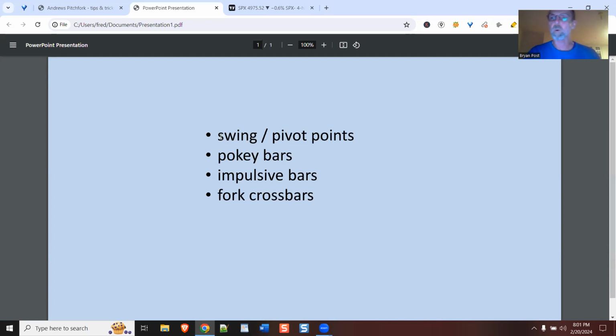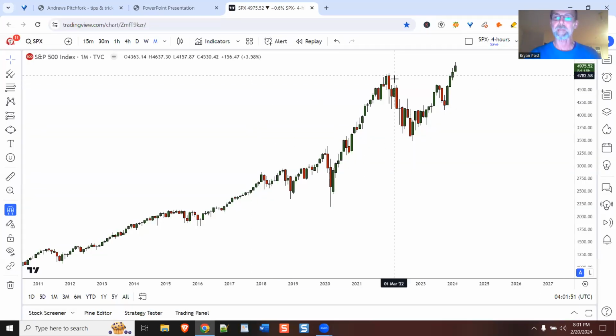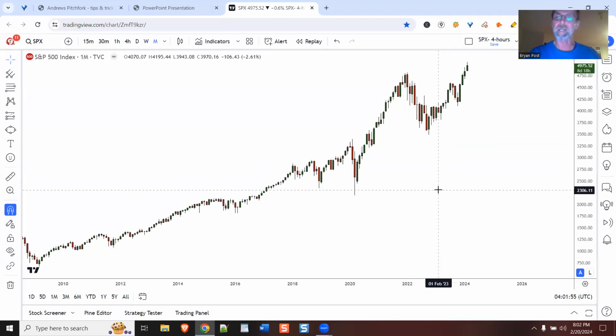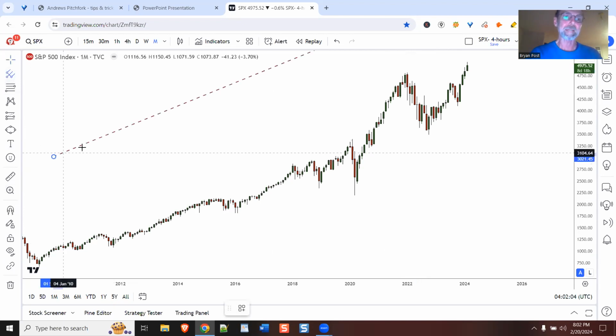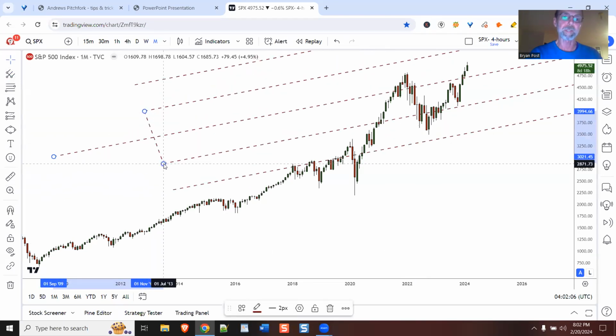And then the fork cross bars, which I'll have to figure out a better way to refer to. Basically we're looking for a significant counter trend movement and understanding that counter trend movement is going to coincide with the crossbar of our pitchfork.